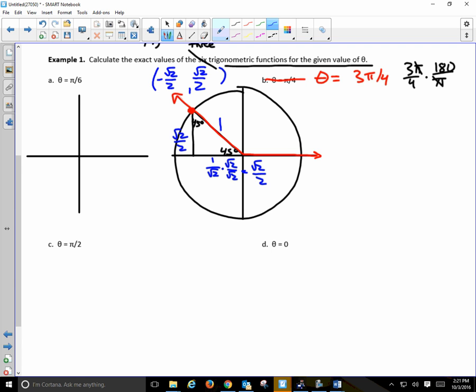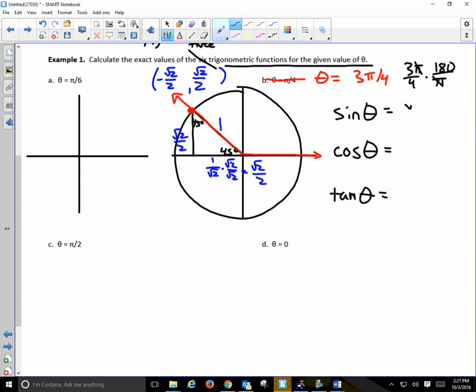Once I have calculated the x and the y, then I can find my sine, my cosine, and my tangent. Which value is sine? The y value.